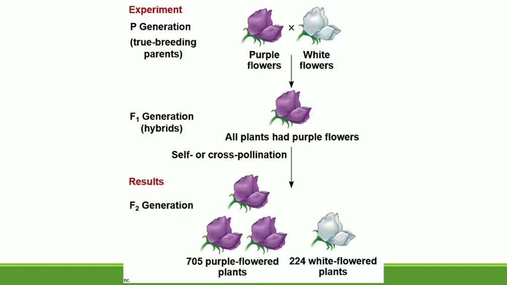So he doesn't care about any of the other traits in this experiment. He's only looking at flower color. Okay. And then when he lets F1 self-fertilize or self-pollinate, 75% of the offspring are the same color as F1, while 25% of them are now revealing the trait of that recessive variant.